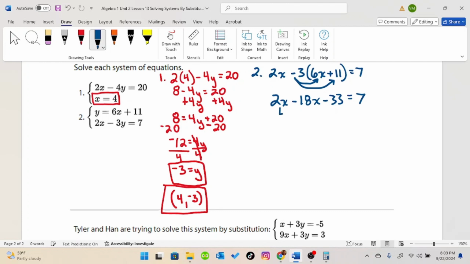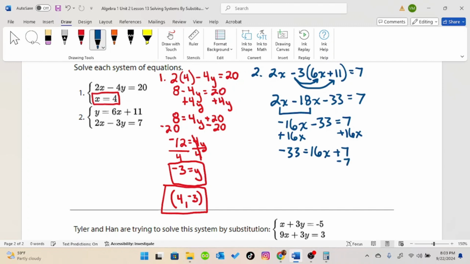We can combine the x terms. 2x minus 18x equals negative 16x. I like to work with positive variables, so I'm going to add 16x to both sides. And that becomes negative 33 equals 16x plus 7.